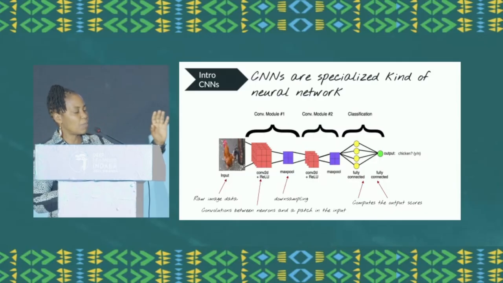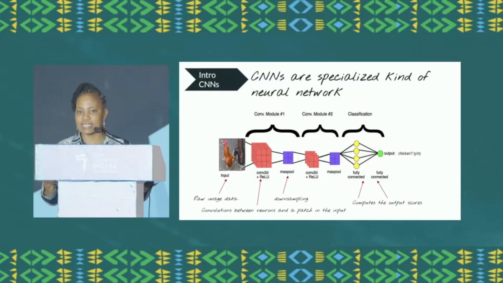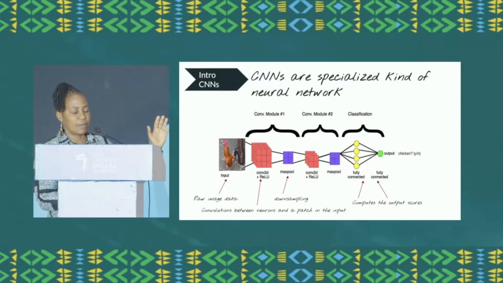The convolutional modules are repeated several times until you reach the fully connected layer, also known as the dense layer, where the decision takes place by computing the output scores to provide the right class at the output.